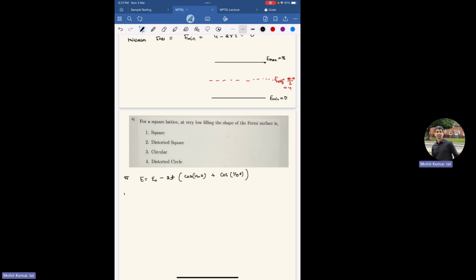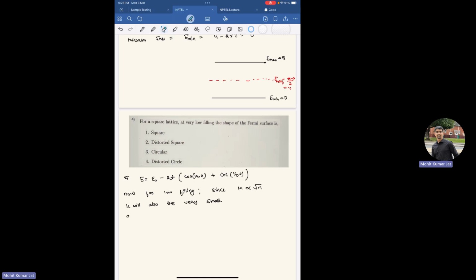Right? Now, for low filling, since k is directly proportional to root n, k will also be very small, such that kxa is also small.